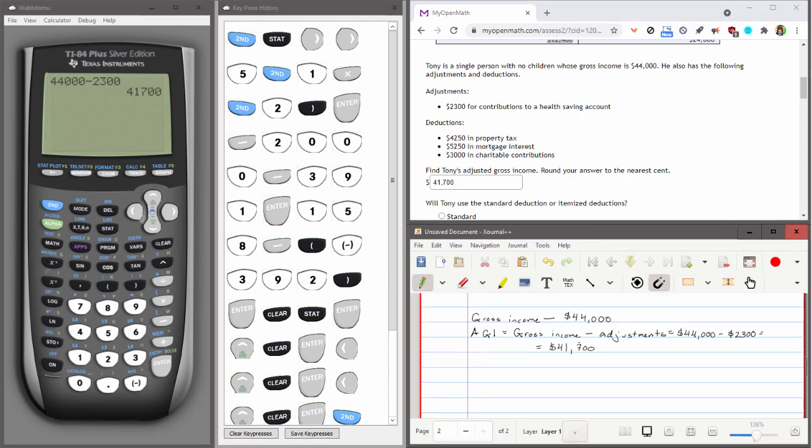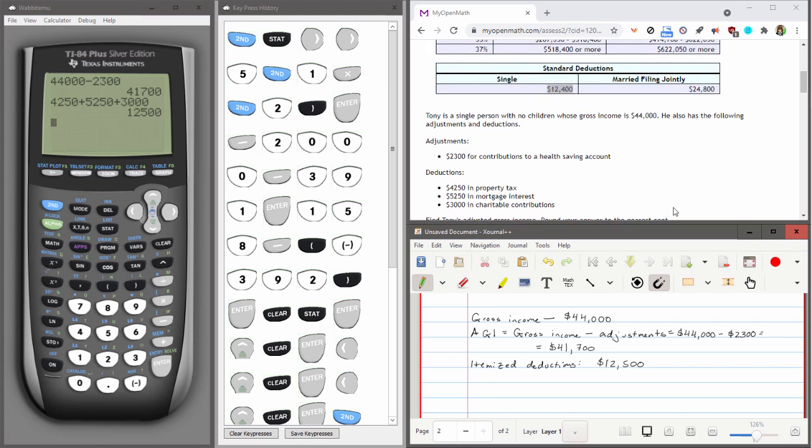If he itemizes his deductions, well, that'll be $4,250 plus $5,250 plus $3,000. That'll be $12,500 in deductions.